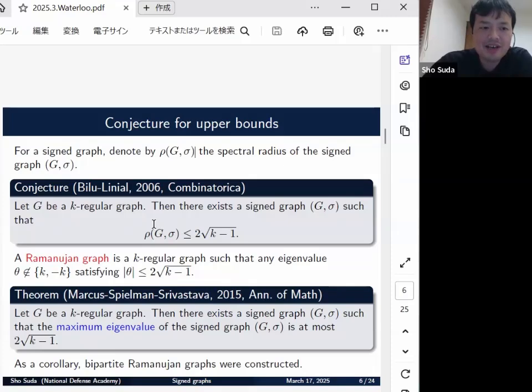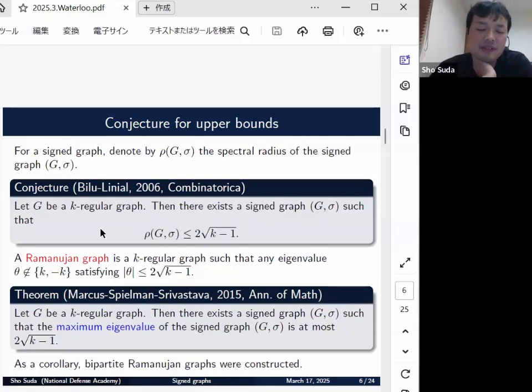For any k-regular graph G, there exists a signing sigma on G such that the spectral radius of the signed graph is at most 2 times the square root of k minus 1. This value 2 times the square root of k minus 1 appeared, of course, in the definition of Ramanujan graphs.